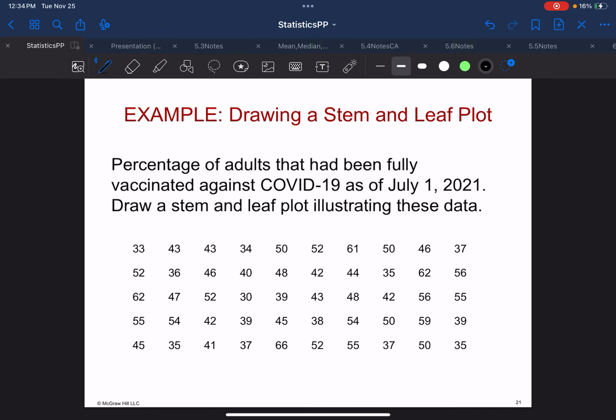So let's do an example. This says that the percentage of adults that had been fully vaccinated against COVID-19 as of July 1st, 2021 is listed in this table of data, and they want us to draw a stem and leaf plot illustrating the data.